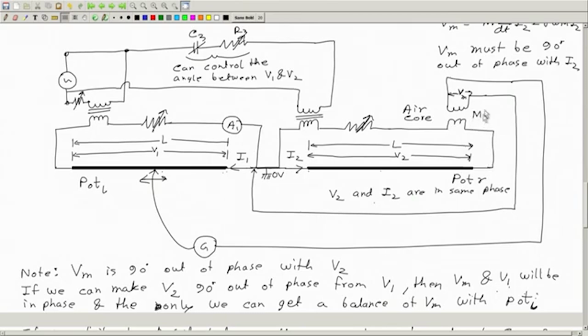If we know the value of Vm, then we can estimate the value of this current I2, and then from that we can estimate the value of V2 if we know the resistance of this wire.